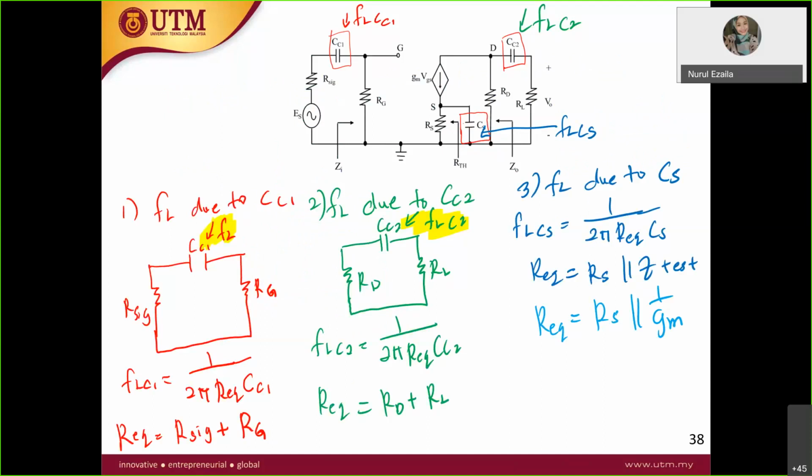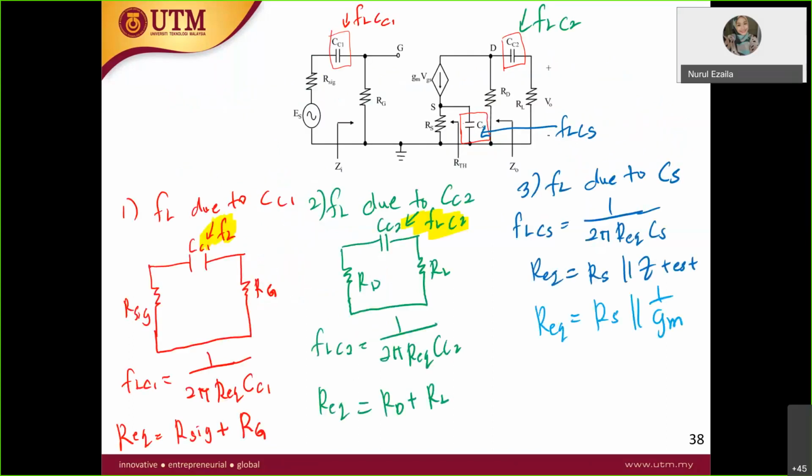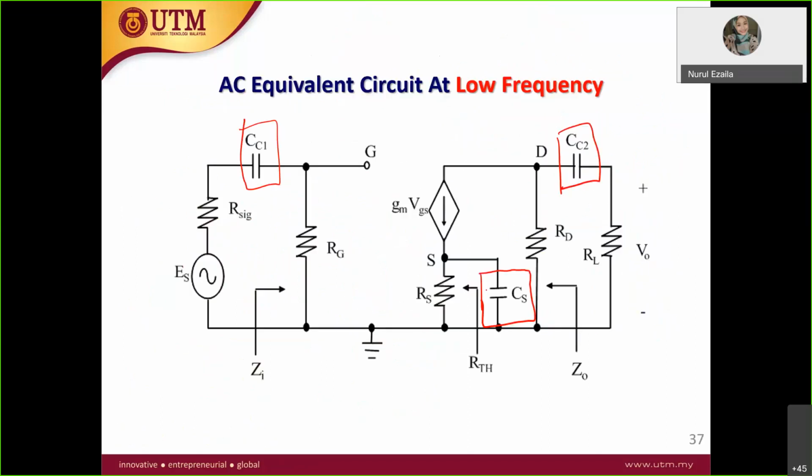So you don't have to derive it if they didn't ask you to derive, but you can straight away say that Z test is equal to 1 over GM. Therefore R equivalent is equal to RS parallel with 1 over GM. So that's what you do for the common source low frequency.